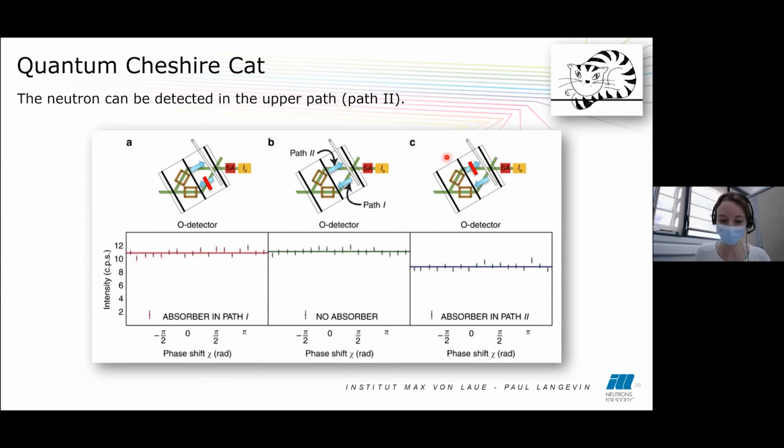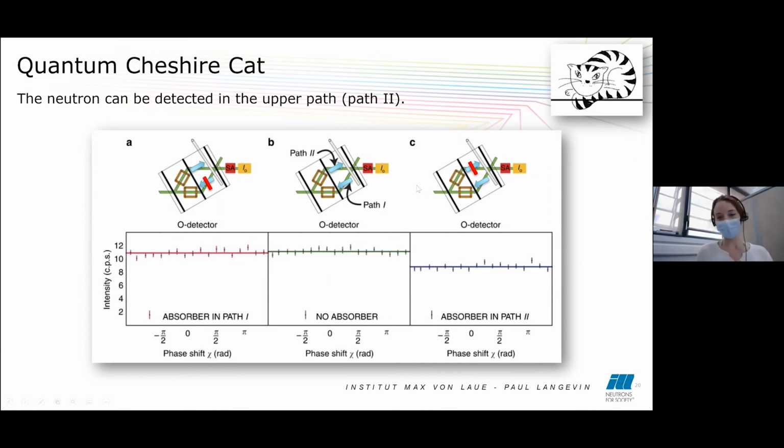This can be verified by inserting the absorber into the upper path, and indeed the detected intensity is lower. This confirms that only neutrons taking the upper path are detected here. And again, this is the case because they have a spin parallel to the direction of travel, and pass the analyzer, as opposed to the neutrons taking the lower path.